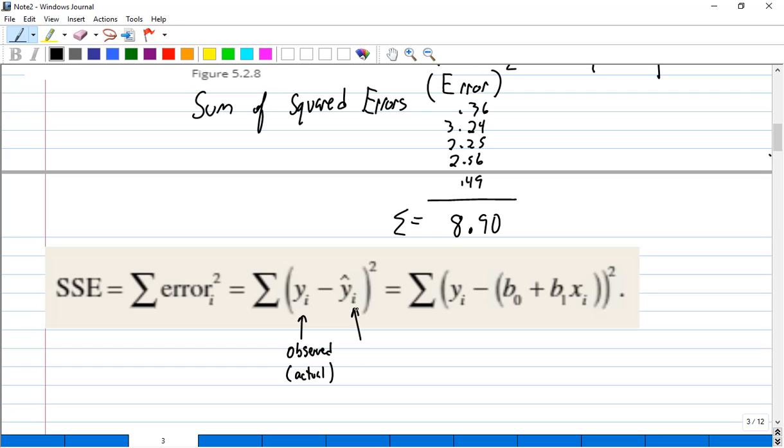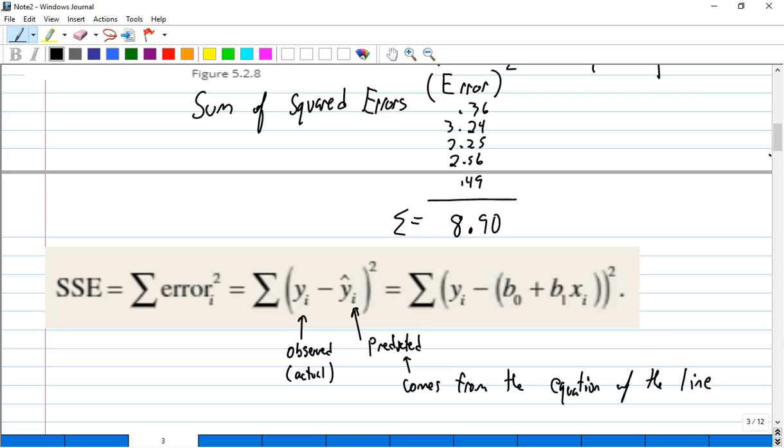And then this right here, that is the predicted value, and that comes from the equation of the line, the regression line, or it has another good name too. Alright, and so right here it just tells you, hey, this is what you're doing. It's just another way to write it. Again, it looks a lot more complicated when you start looking at the formulas, but if you look at the example, it's not too bad.